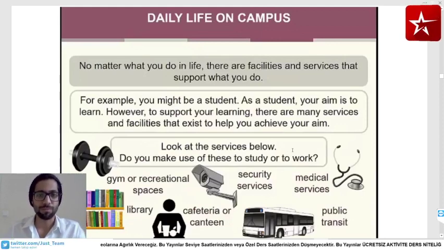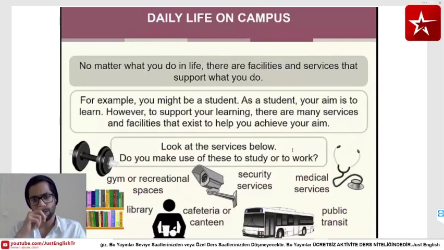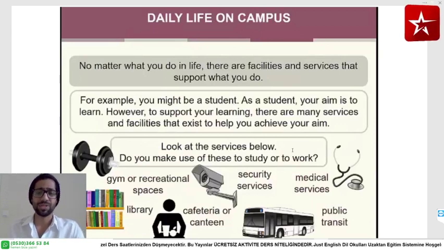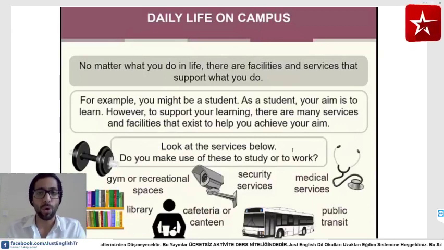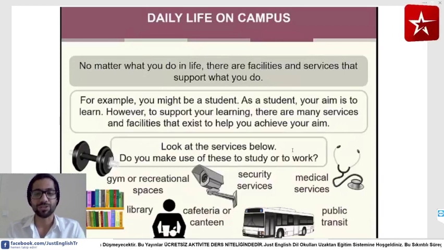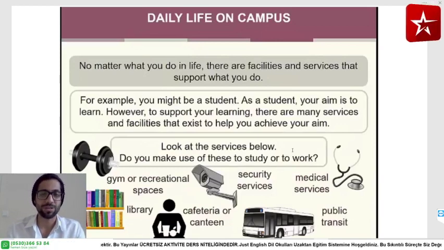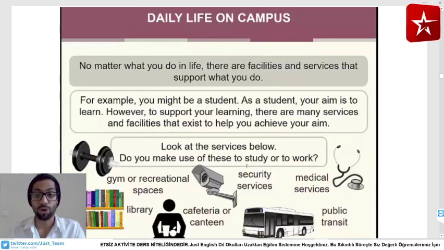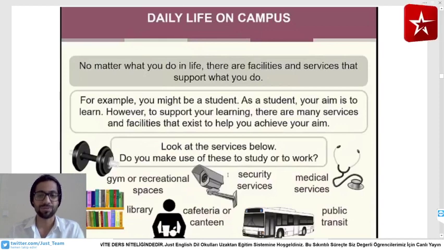Now, this is for number 3, the integrated questions that we were talking about earlier. You're talking about different types of facilities on the campus. The student may talk to a janitor, or maybe to the librarian, or to a service employee, or any type of person.